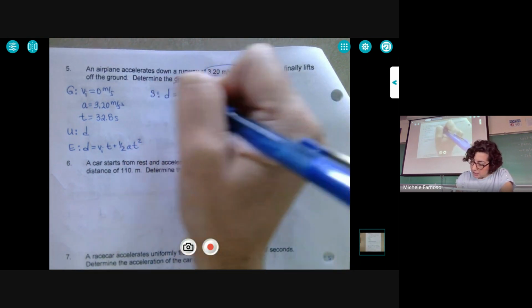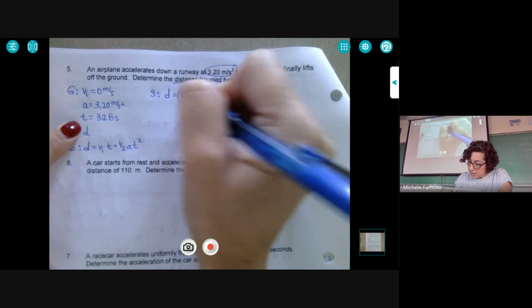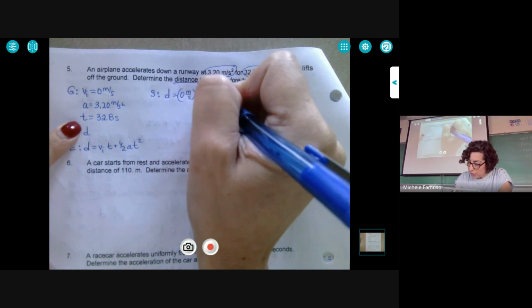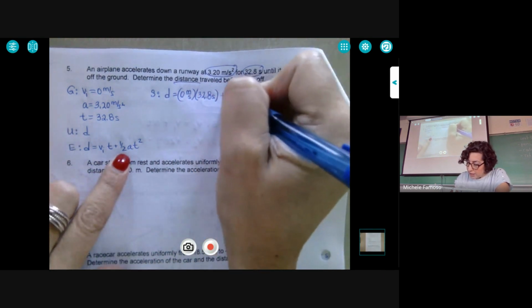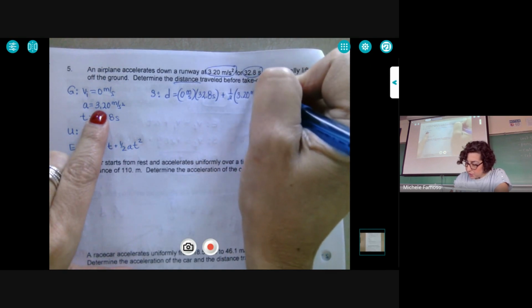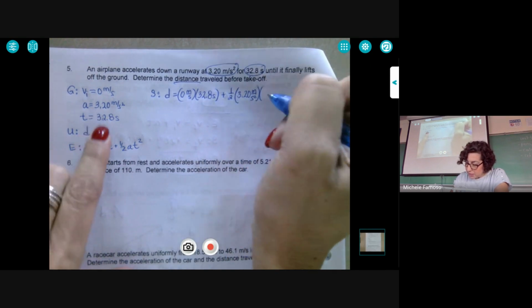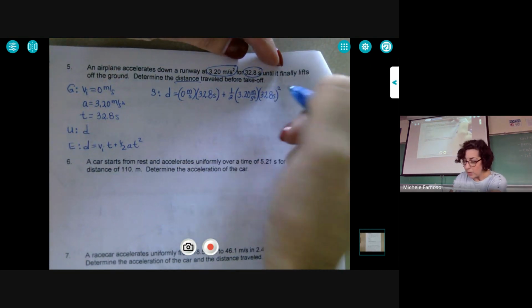The D is 0 meters per second times 32.8 seconds plus 1/2 of 3.20 meter per second squared times 32.8 seconds squared.